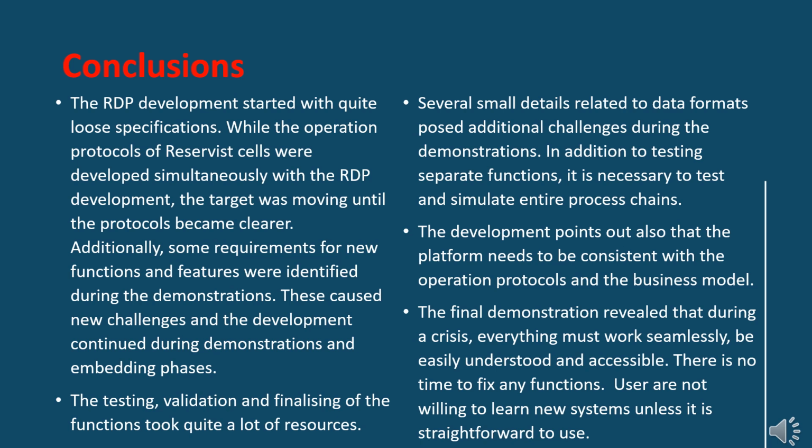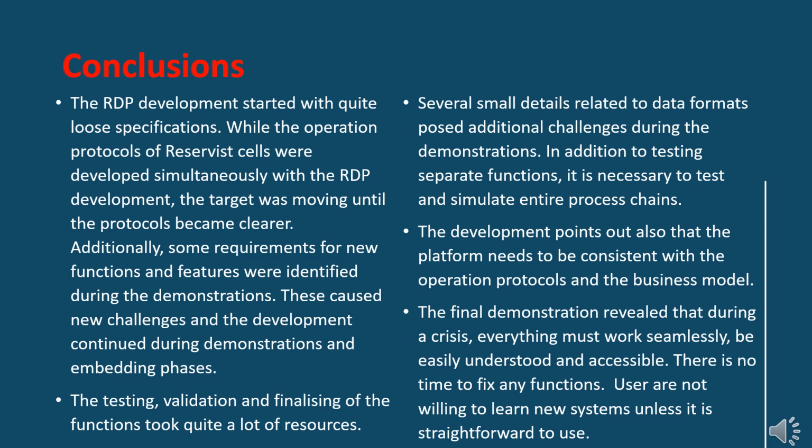It was also a bit surprising how many resources the test validation and finalizing of the functions needed. In addition, for testing separate functions, it is necessary to test and simulate whole process chains. Several small details related to data formats caused additional challenges in demonstrations.